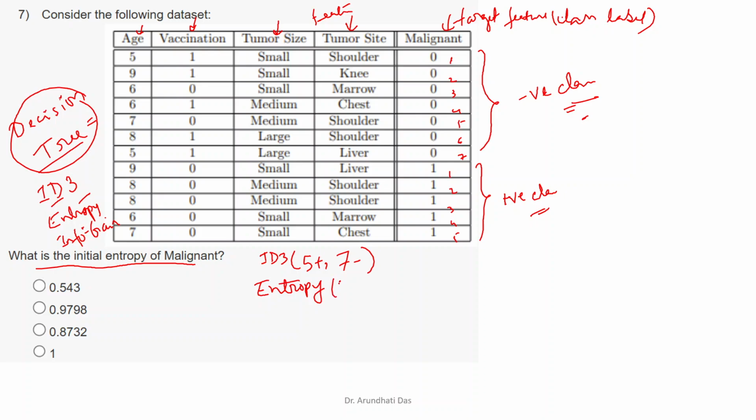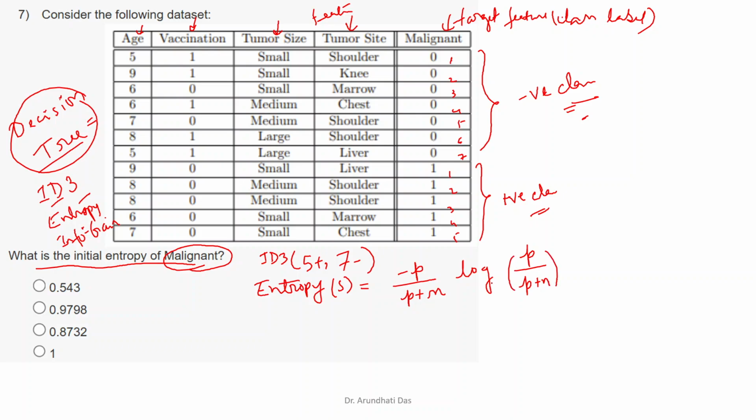If we consider the data set as S, then the entropy of this entire data set, the data set which decides whether a tumor is malignant or non-malignant, has the formula minus P upon P plus N. P stands for positive, N will be for negative data points. Then log of P upon P plus N.